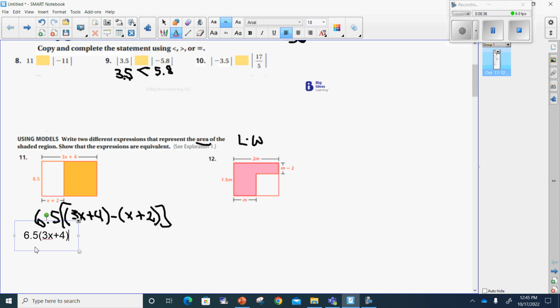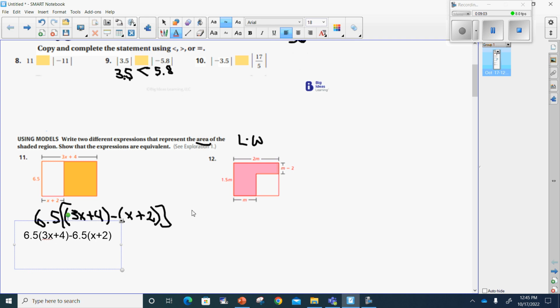I could put minus 6.5 times x plus 2. And there's even a third way you could write it if you wanted to. You could solve this part here, which would give you 3x minus x is 2x, right?